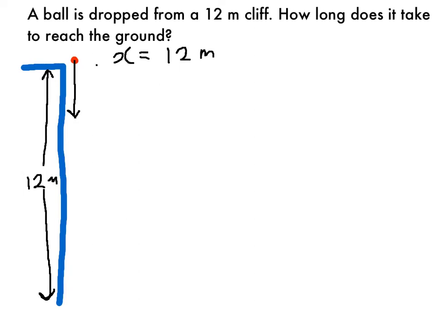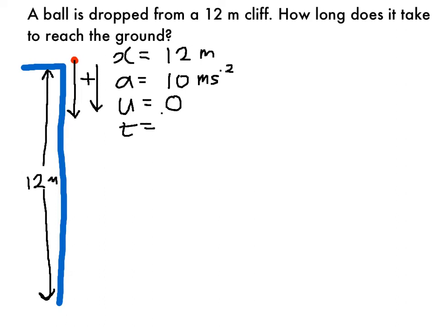I'm going to define downwards as positive in this situation. We know that the acceleration vertically is 10 metres per second squared. And we know that since it is dropped, u will equal 0. And we're asked to find t.